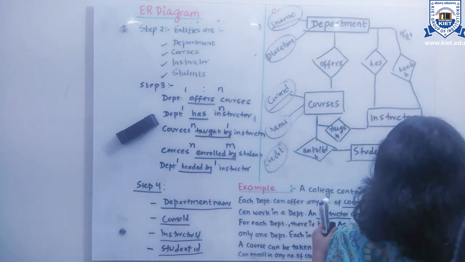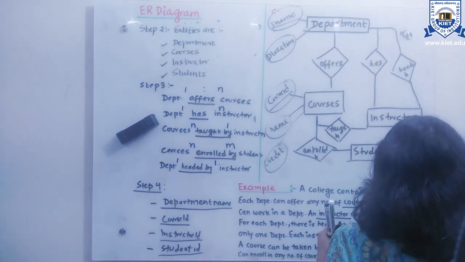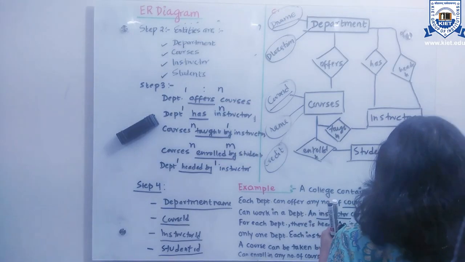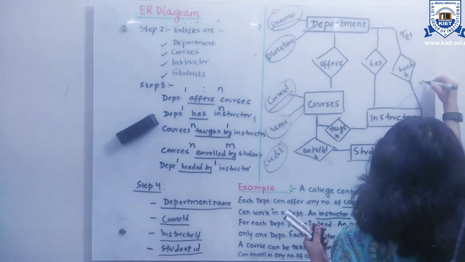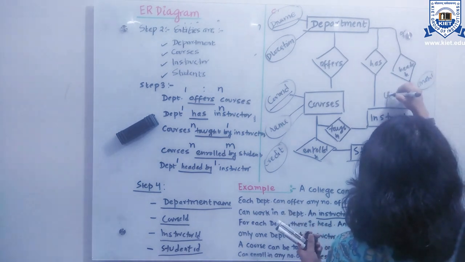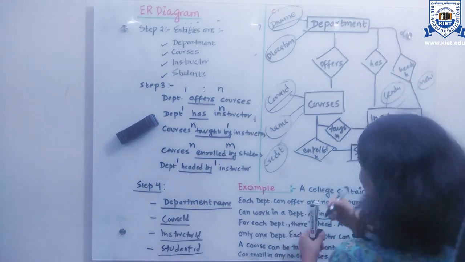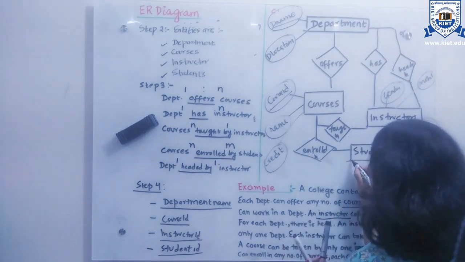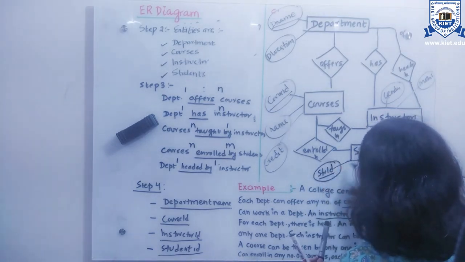Now instructor has instructor ID. Instructor has name. Instructor has mobile number. Instructor has its gender. So these are the attributes of instructor. Now come to the student. Student has their student ID as a key attribute.